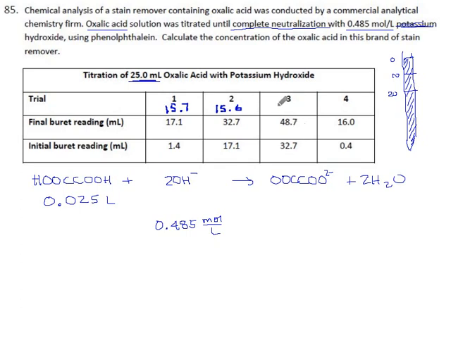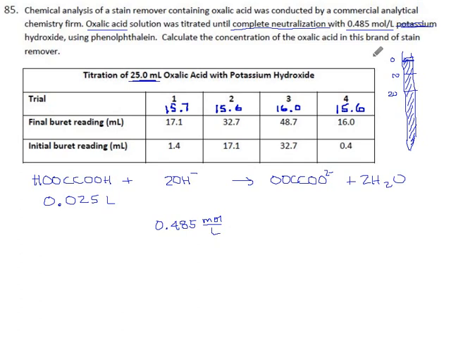Subtract these and you get 16.0. And then here the numbers change, which apparently means the burette was getting empty, so they refilled it. They topped it off until it was up here at 0.4, and then they ran it again until they got to 16, which is a difference of 15.6.